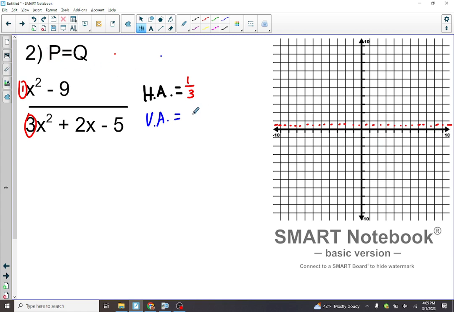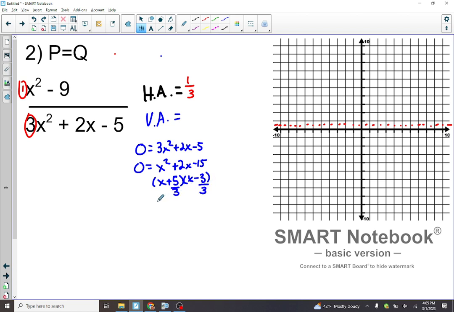All right. Vertical asymptote. You make the bottom equal 0. So 0 equals 3x squared plus 2x minus 5. Slide and divide: minus 15, x plus 5, x minus 3.